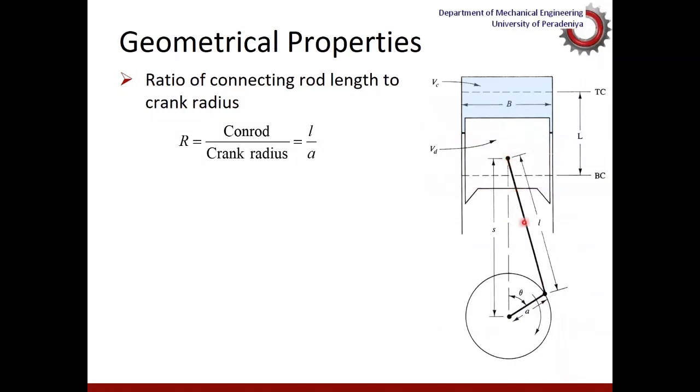This is the connecting rod length, and if you use a longer connecting rod than this one, in this particular position of the piston, if this angle is alpha, this value of alpha will be larger or smaller? It will be reduced. So what is the advantage of having a small alpha?